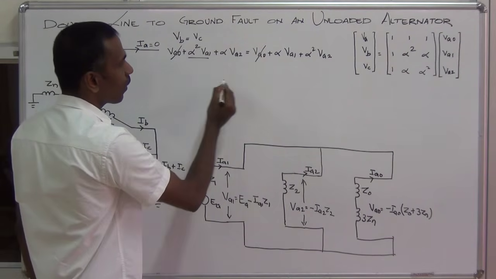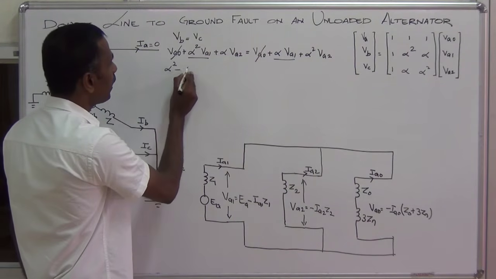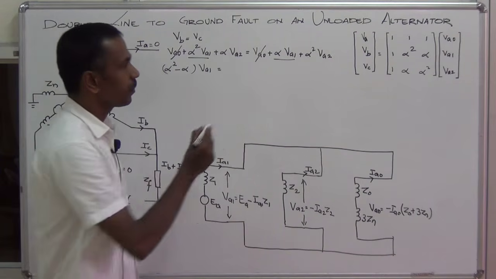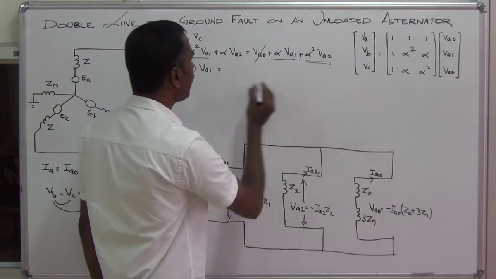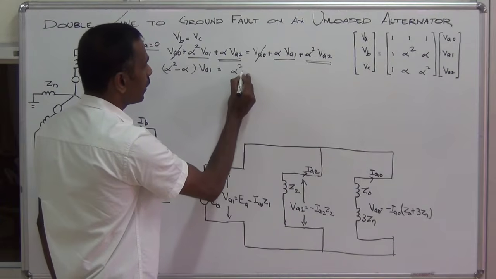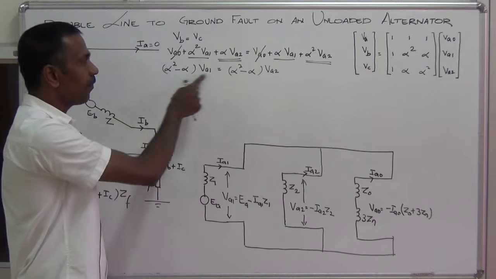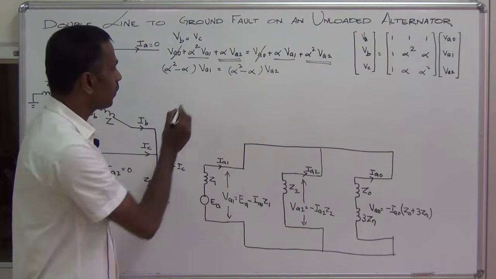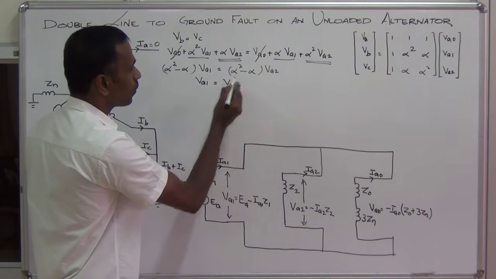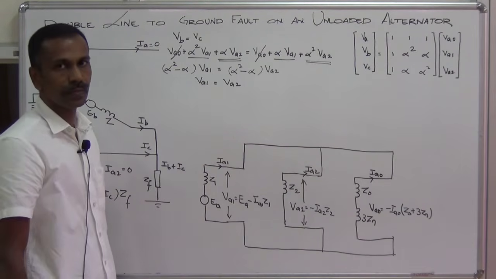This is alpha square VA1 and this is alpha VA1, so alpha square minus alpha into VA1 is equal to alpha square VA2 minus alpha VA2, which is alpha square minus alpha into VA2. The alpha square minus alpha terms get cancelled. So we can write VA1 equals VA2. So the positive sequence voltage is the same as the negative sequence voltage.